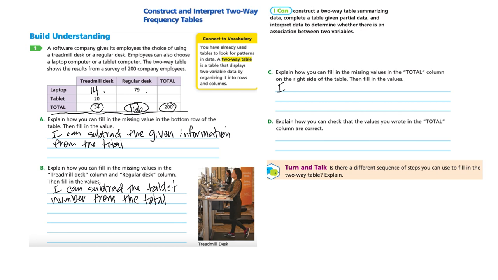So you can say I can add the number for treadmills plus regular desks, the choices people have made, to get the total, and then subtract that from 200.